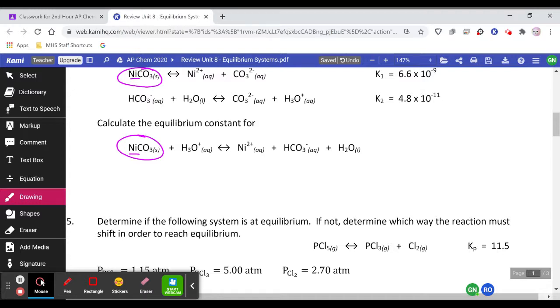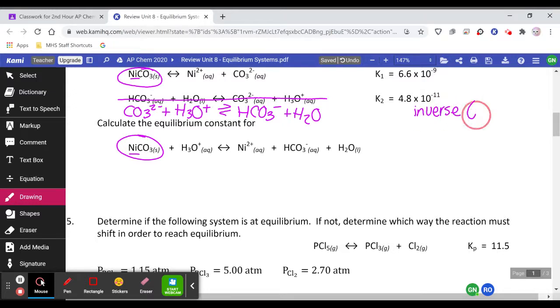So I'm just going to rewrite this one. Okay, I'm going to cross that out just so we realize what we did. And then over here, we flipped it, so we need to do the inverse because we flip.